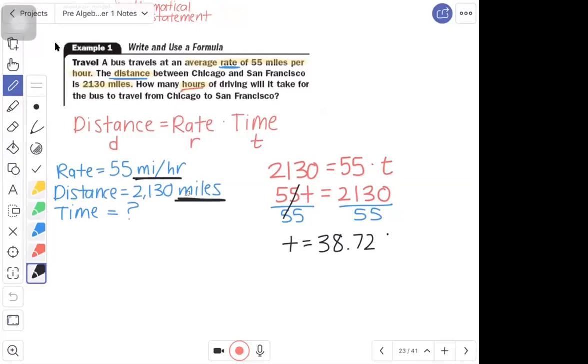Yes, good. Questions on that one? So we're first going to read the problem. We're then next going to go through it and highlight what's important. We're going to make a verbal model for what we're trying to solve for, plug everything in, and then solve for our variable. So just adding a few more steps.